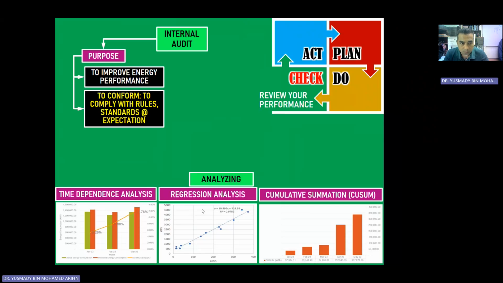to confirm, which is referred to as to comply with the rules, standards, and expectations.